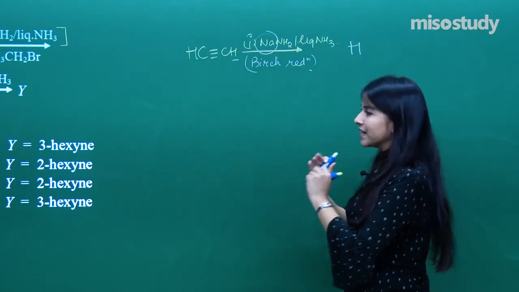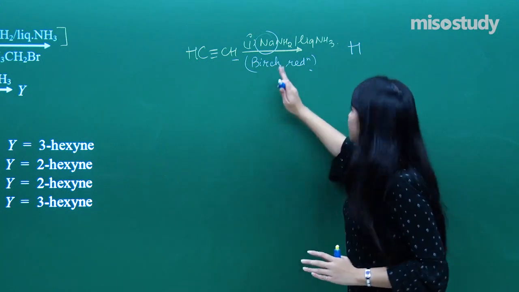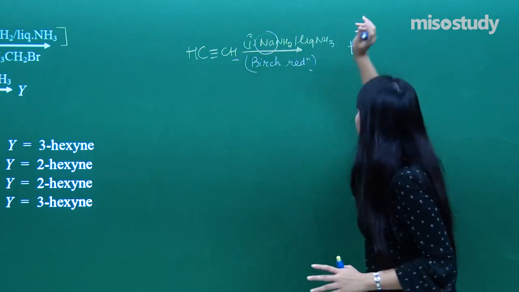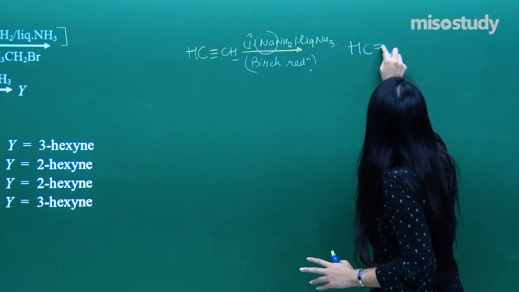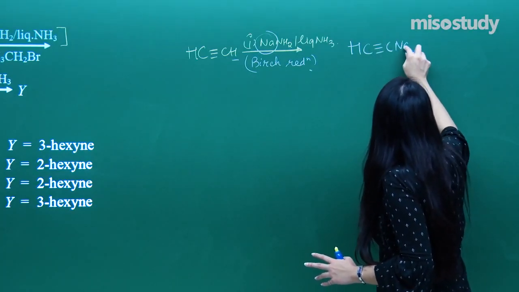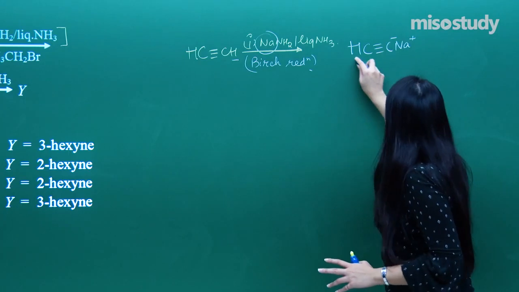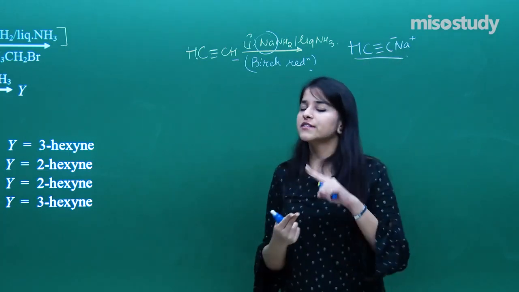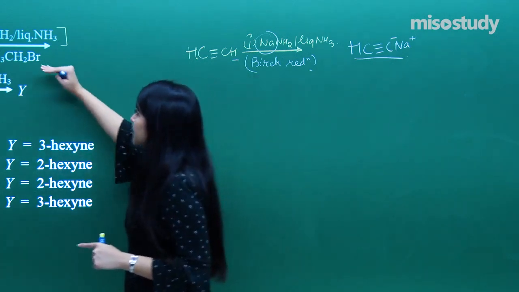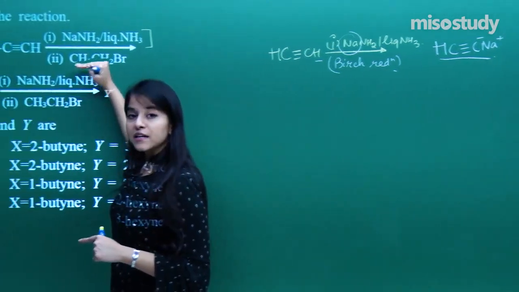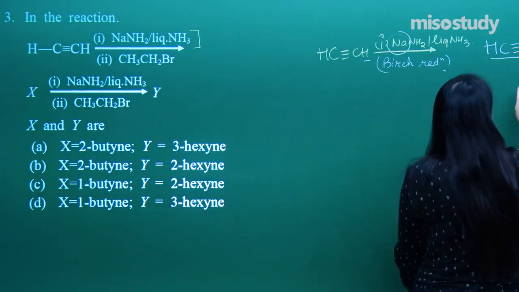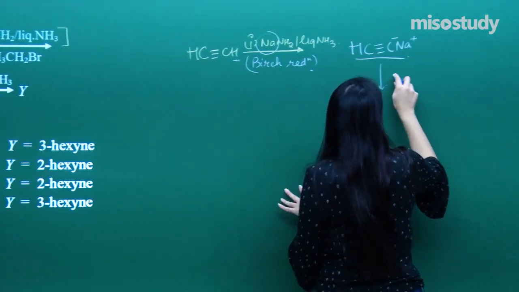This acidic hydrogen goes off and Na positive gets attached over here. In order to increase the series, we actually perform this very reaction, we actually use this very reagent. So CH triple bond C, Na positive, C negative. That is what we are getting in this reaction. Now I need to perform step number 2, the alkyl halide, that means bromoethane. So let us react it.